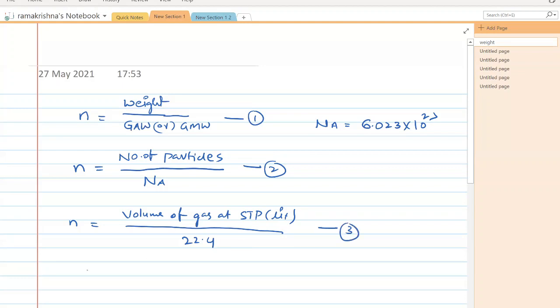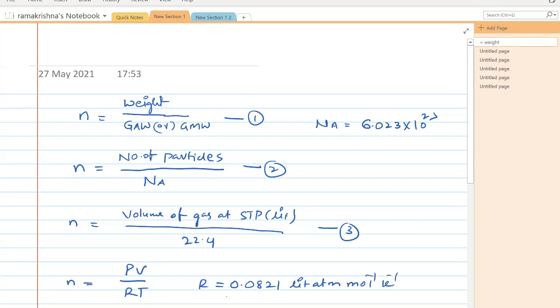The fourth formula: if the volume, pressure, and temperature are given at non-STP conditions, then according to the ideal gas equation, you can use n equals PV by RT, where R is the gas constant, whose value is 0.0821 liter atmosphere per mole per Kelvin.